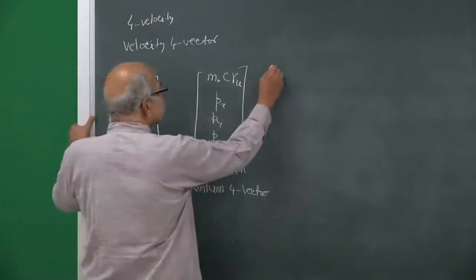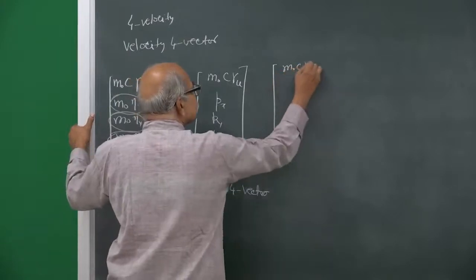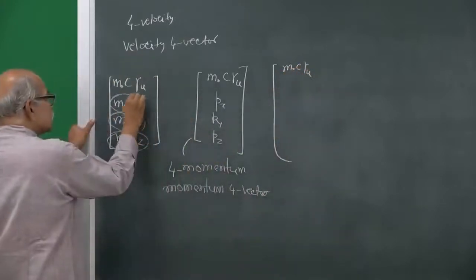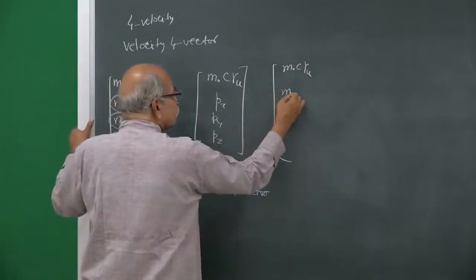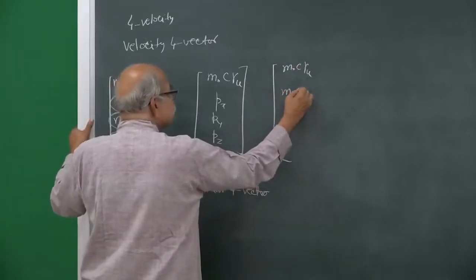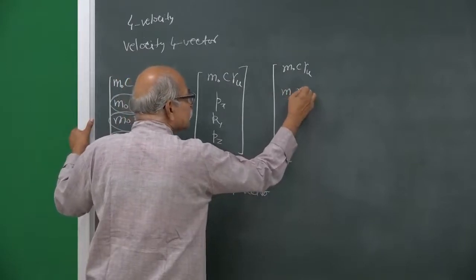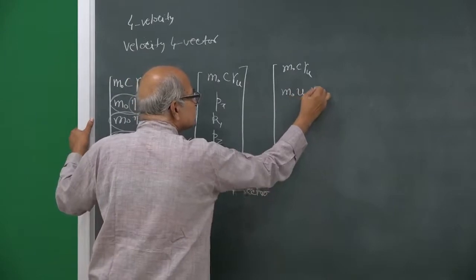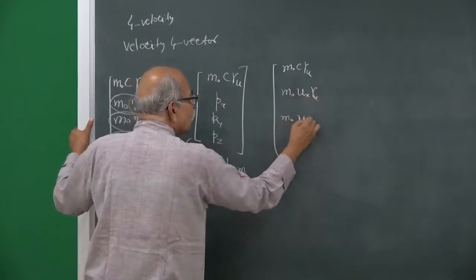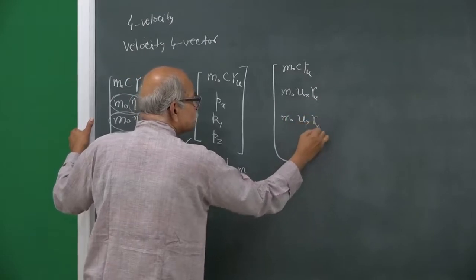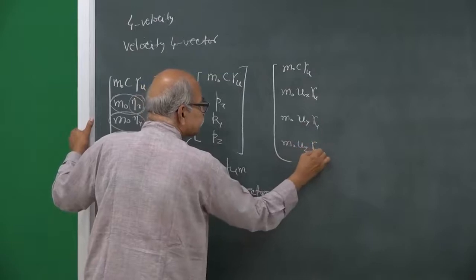You remember how to write it. That will be m naught c times gamma u here. And what is eta x? Eta x is gamma u times Ux. This is m naught, and then uy times gamma u, this is m naught uz times gamma u.